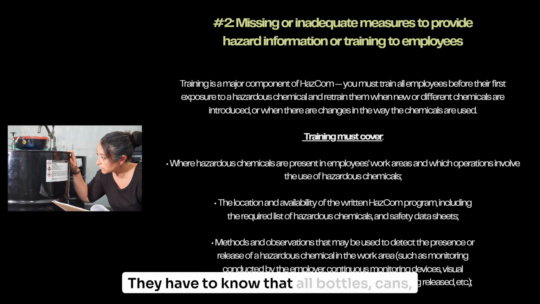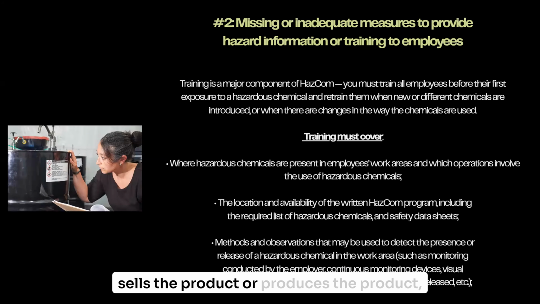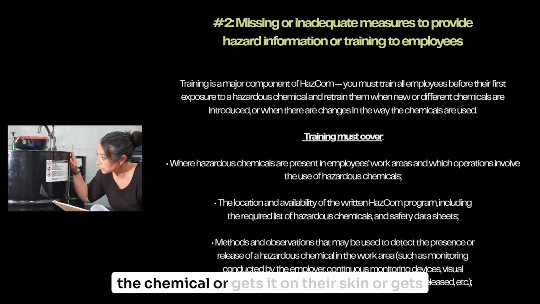They have to know that all bottles, cans, anything that contains a chemical must be labeled, and it has to have the name of the company that produces the product, their address, phone number, and then also tell you all the hazardous information about that specific chemical and the remedies in case something happens where somebody ingests the chemical or gets it on their skin or gets it in their eyes or whatever the cause is.